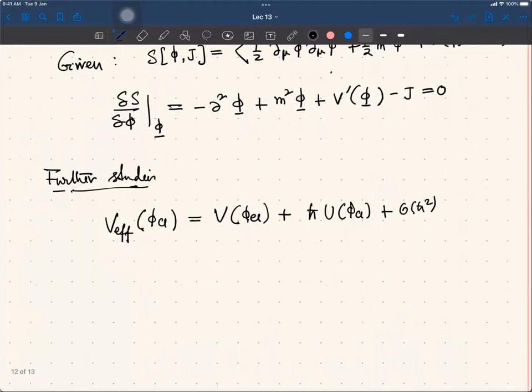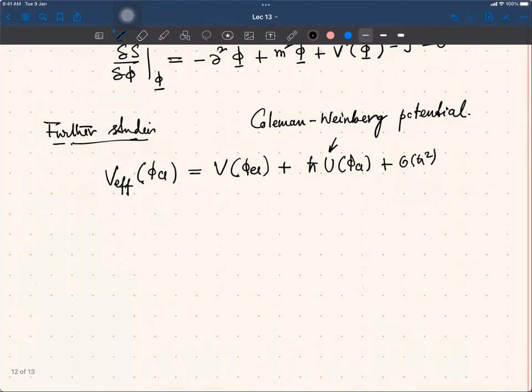This is called the Coleman-Weinberg potential, that h bar order potential.